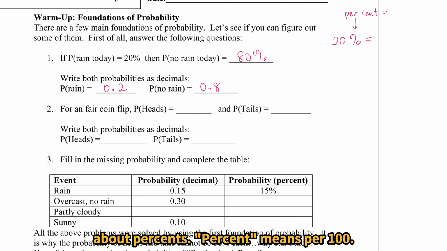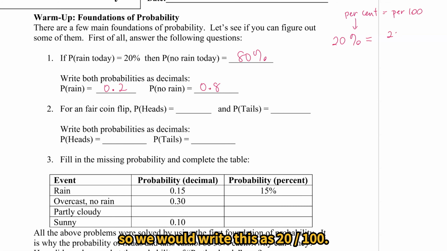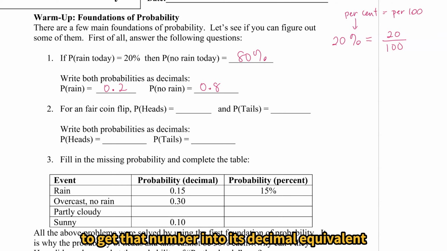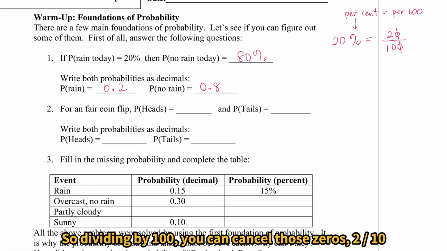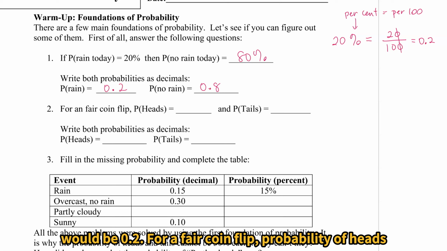Percent means per 100. So we would write this as 20 divided by 100. Anytime you see a percentage sign, to get that number into its decimal equivalent, we would divide by 100. So dividing by 100, we can cancel those zeros. 2 divided by 10 would be 0.2.